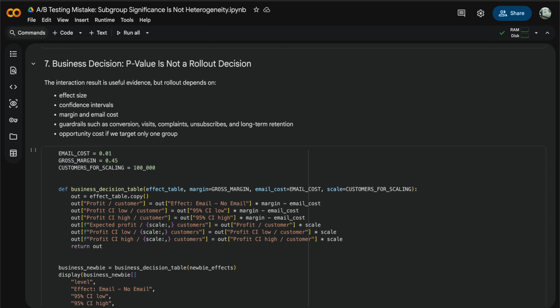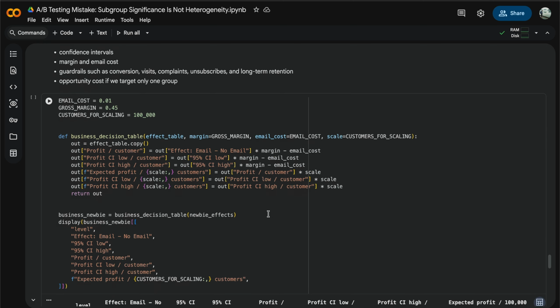Then I also want to look at how we translate the spend into profit. For example, email is cheap, but it is not free. There's a direct sending cost, and there's also a customer attention cost.